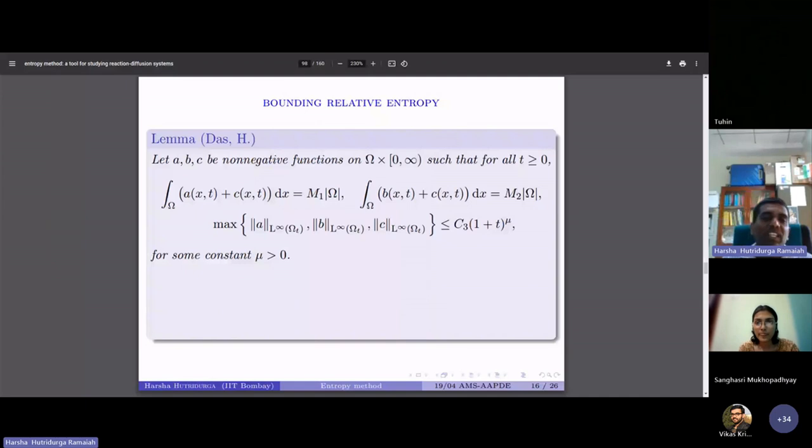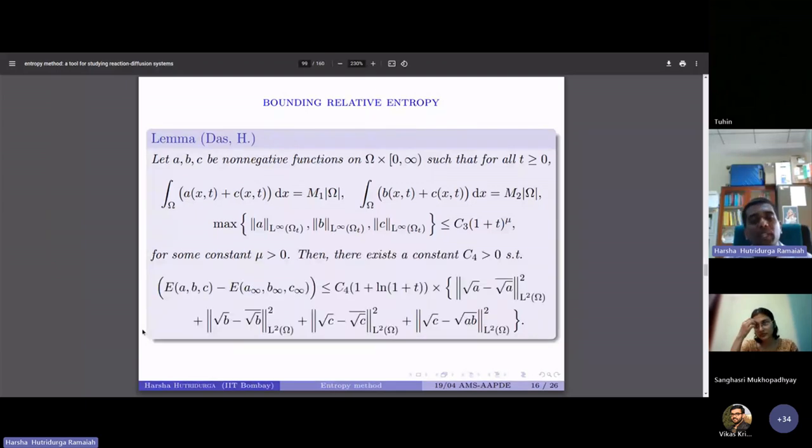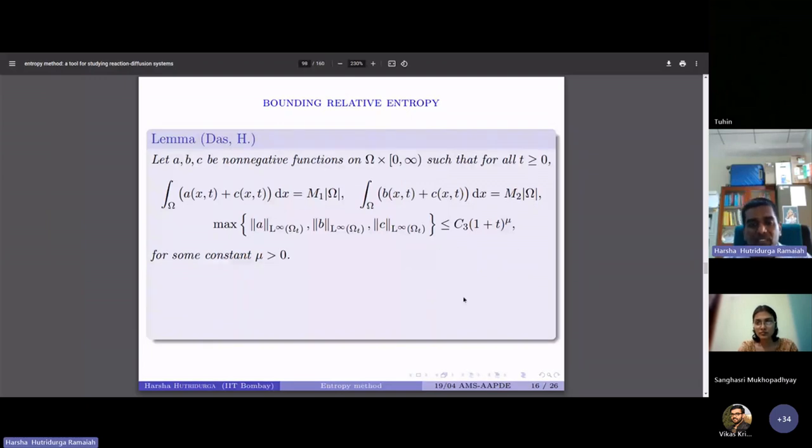You take the L infinity norm of each of these three functions, and that at most grows like 1 plus t raised to some mu, where mu is some positive constant. So if you have functions which satisfy this property, then we relate the relative entropy E of ABC minus E of A infinity, B infinity, C infinity back to that quantity that was there before in the previous slide as a lower bound.